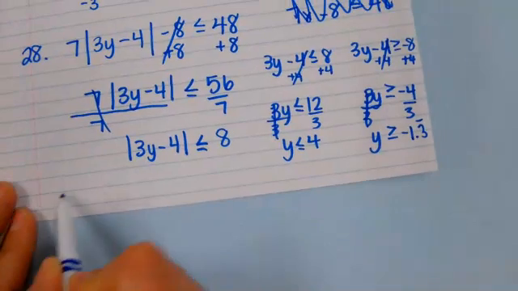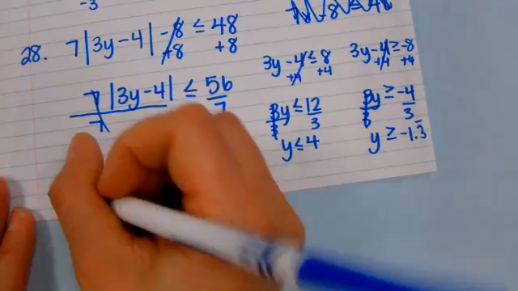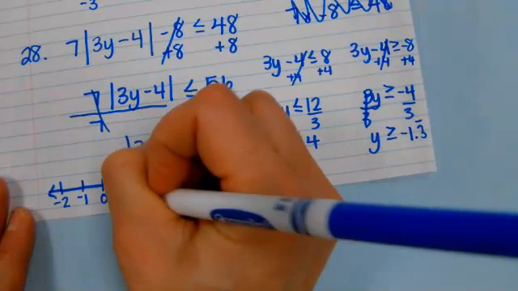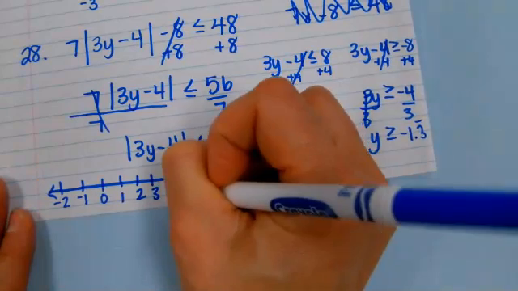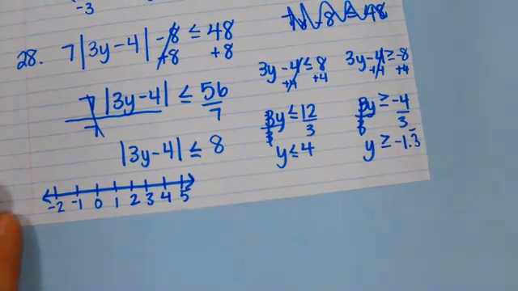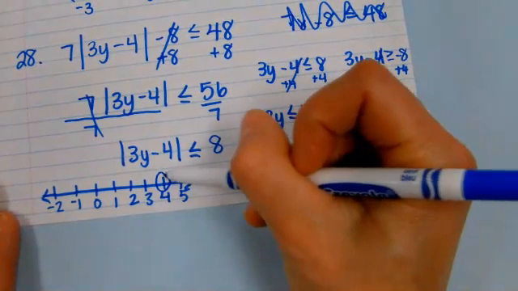All right, so if I graph this guy, I'm going to put in negative 2, negative 1, 0, 1, and I labeled all of them this time. I guess I wanted to go label-y. Here we go. So do I have an open or closed circle around 4? Closed.